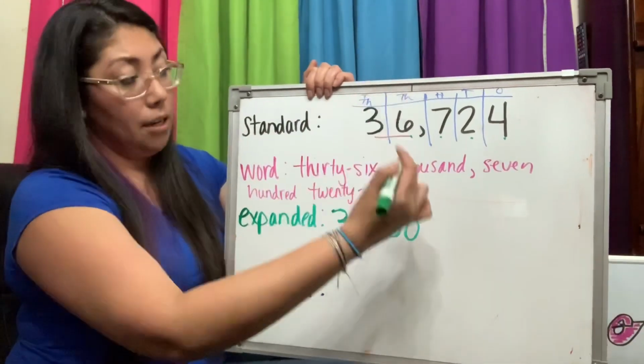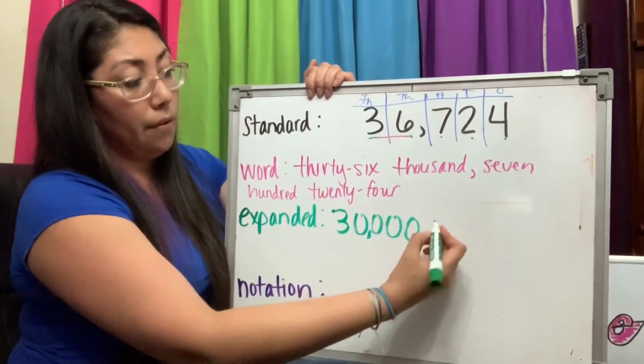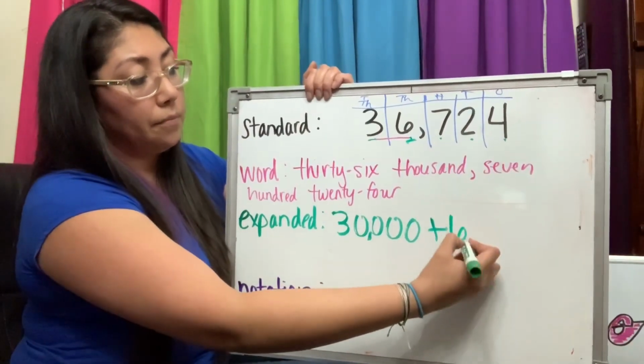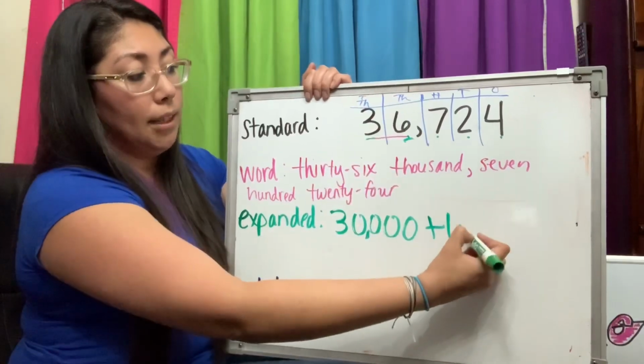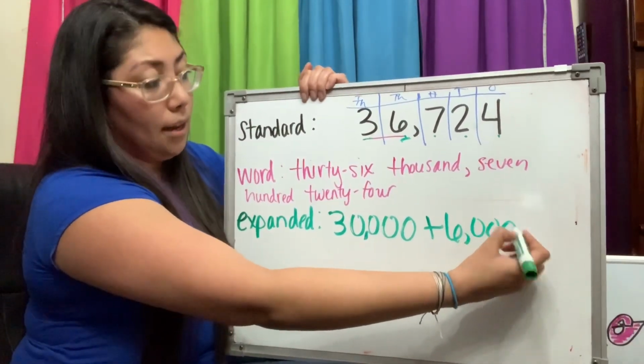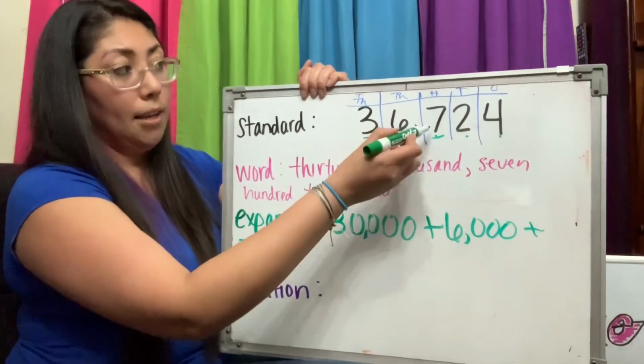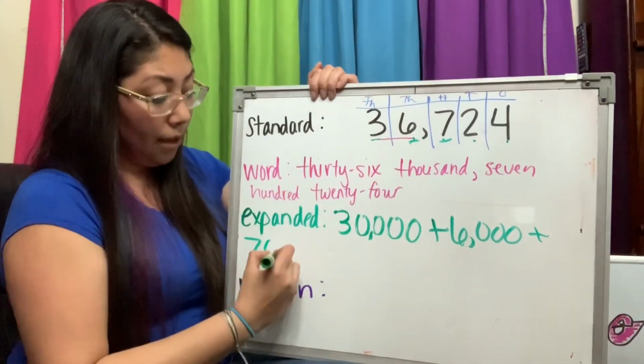And then you're going to continue to the next one. I'm going to mark it so I know I already did it. Plus, now let's do the 6. The 6 in my thousands has a value of 6,000. Plus 7 in my hundreds has the value of 700.